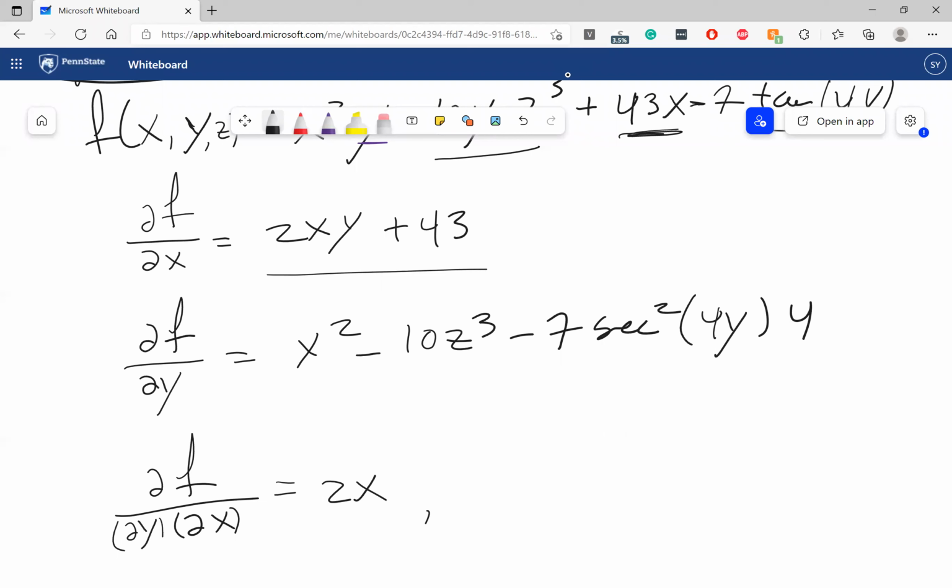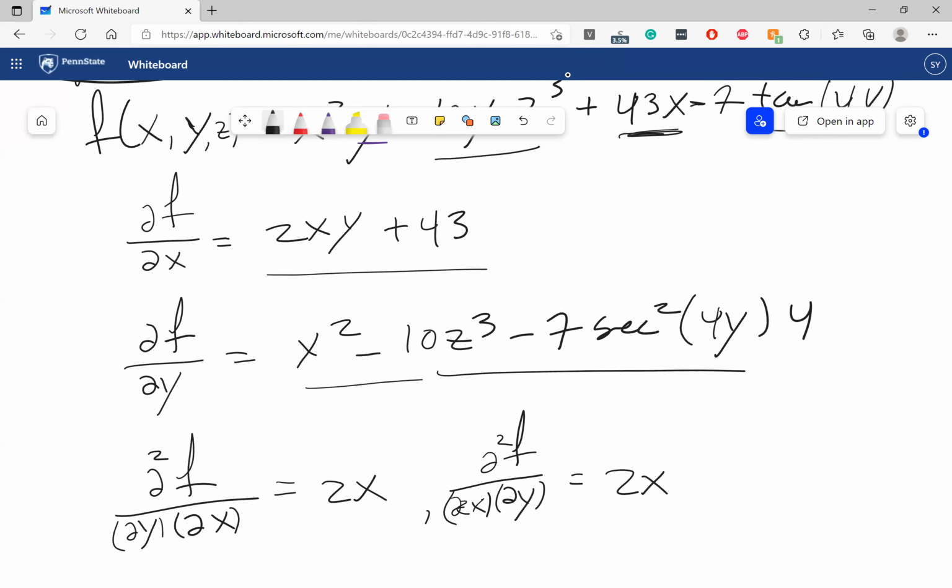And similarly, you can try to take partial of f first with respect to y, and then with respect to x. And so that means you go here and you take the partial with respect to x, and you get 2x again, and this part disappears. And so these are equal, which we mentioned last class.